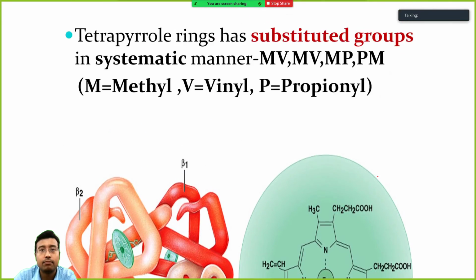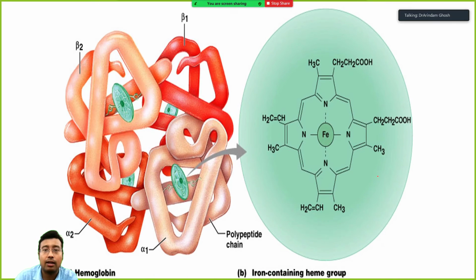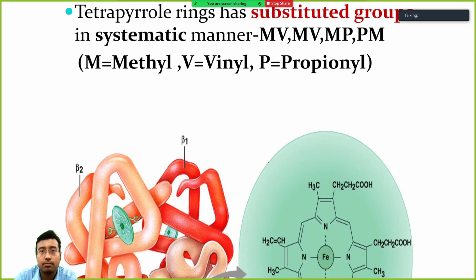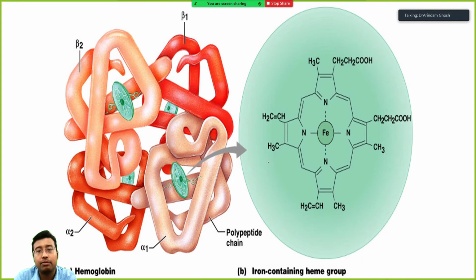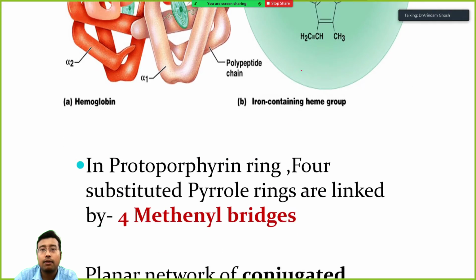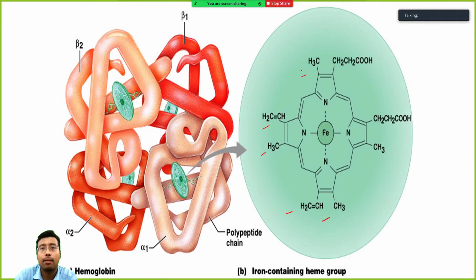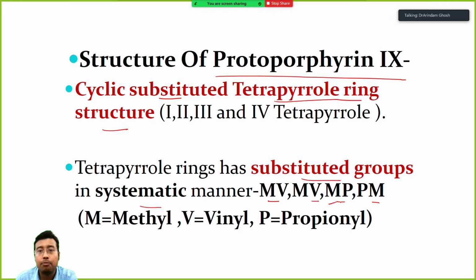See, methyl vinyl, again methyl vinyl, then methyl propionyl and propionyl methyl. This thing you need to remember. Just write this down: MVMV, MPPM. M stands for methyl, V stands for vinyl.